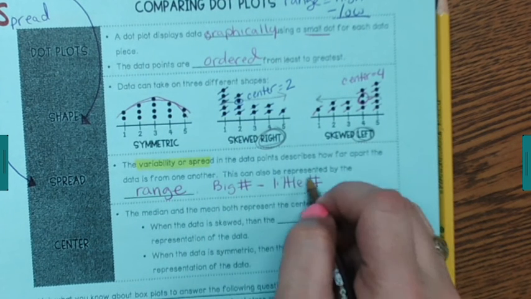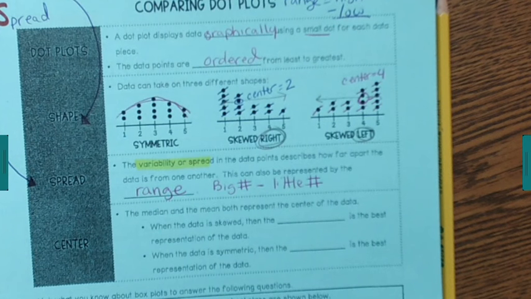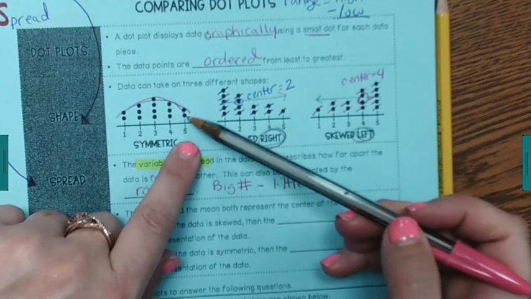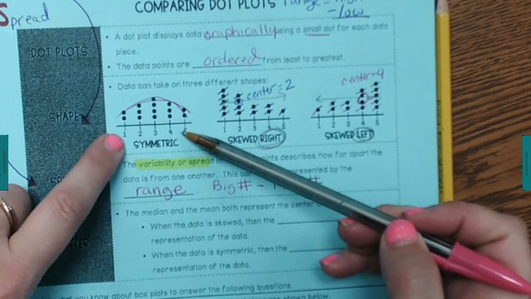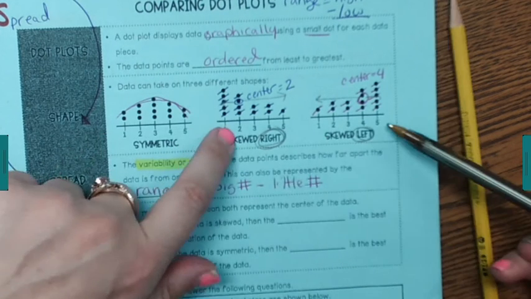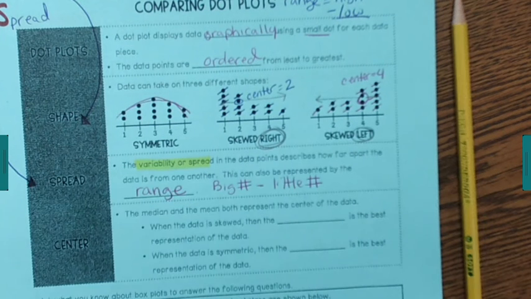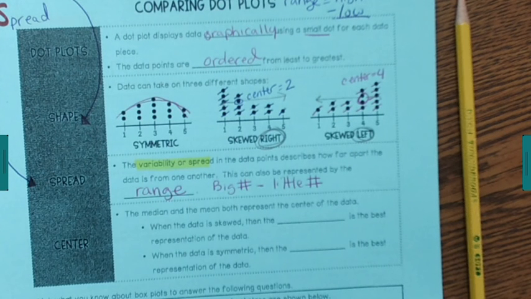Bigger minus smaller. That's how you find the range. The biggest number here is 5. The smallest number is 1. So these all have the same range because it's all from 5 to 1. The data ranges from 1 to 5.